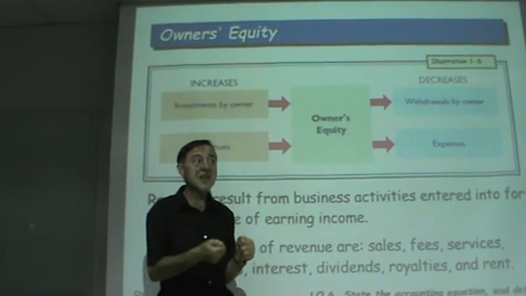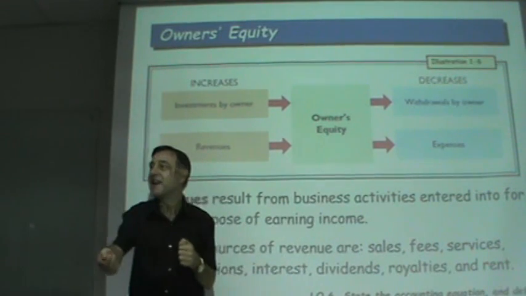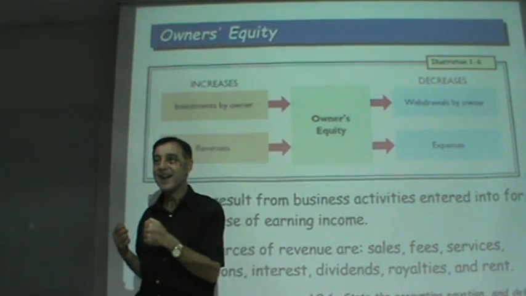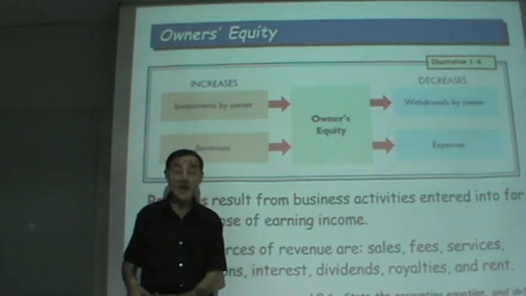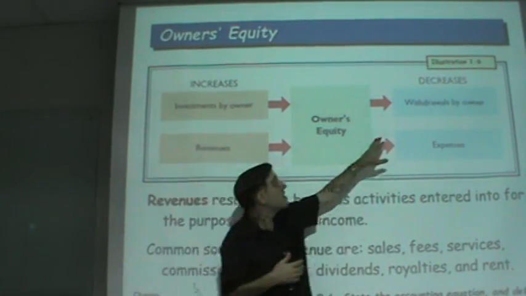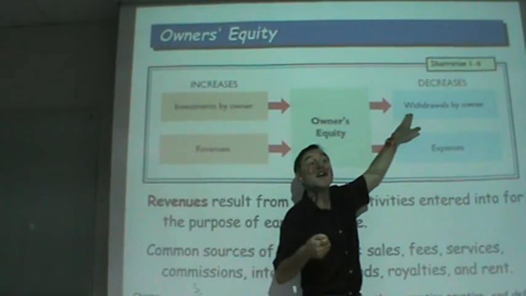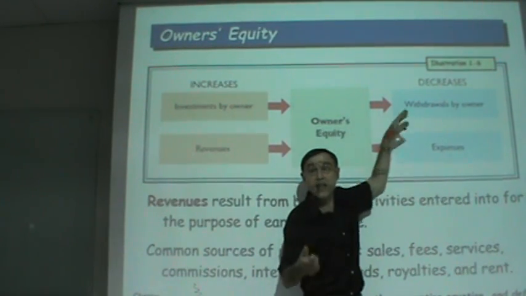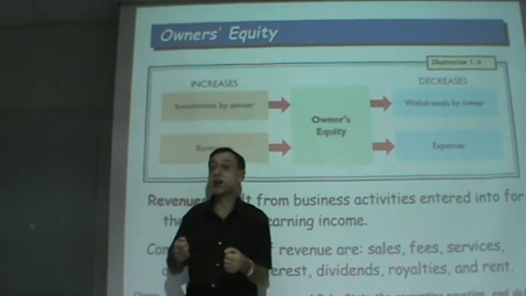Usually in the form of cash, okay? The owner doesn't want to take a chair home, right? The owner wants to take cash home. So the distribution, the withdrawal, most commonly is in the form of cash, okay? He will rarely take, for example, a computer.